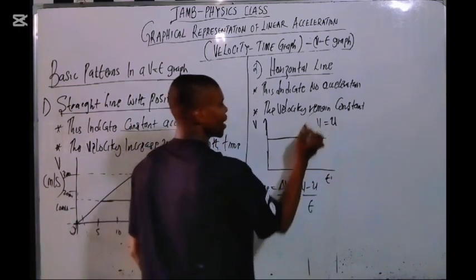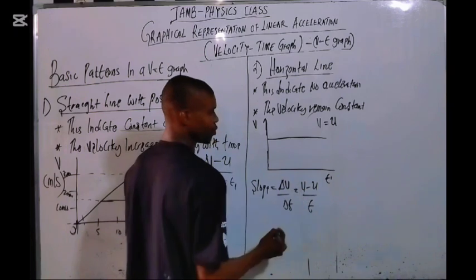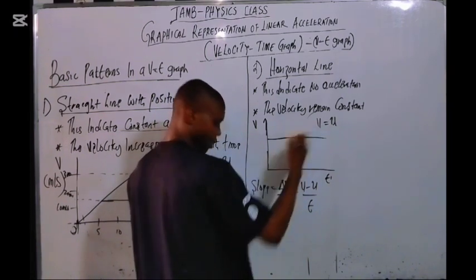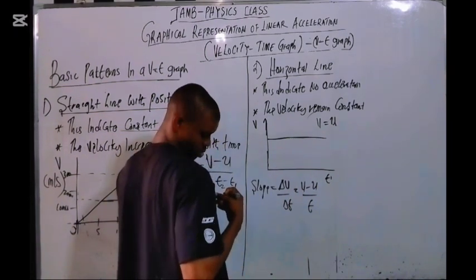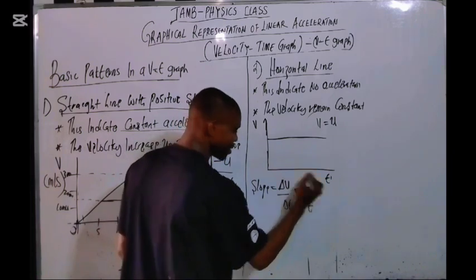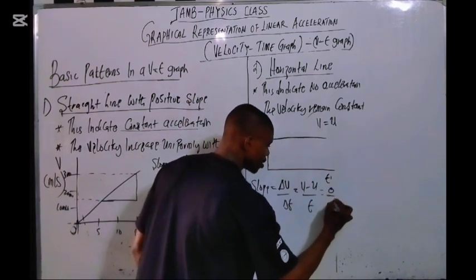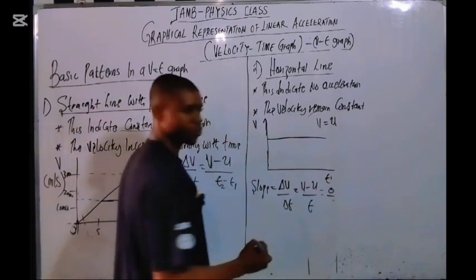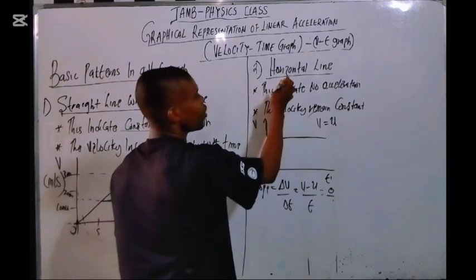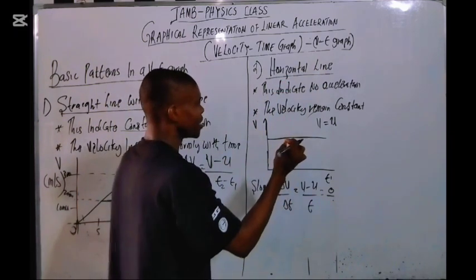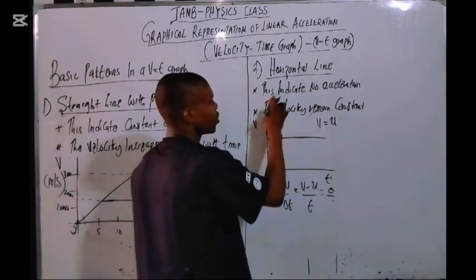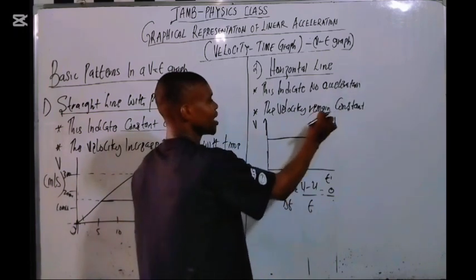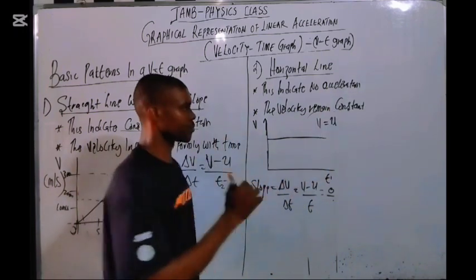Because there's no change, this will be 0. If v equals u, that becomes 0, and 0 over the time is going to be 0. So here we have the horizontal line. Do you understand? This indicates no acceleration. The velocity remains constant.